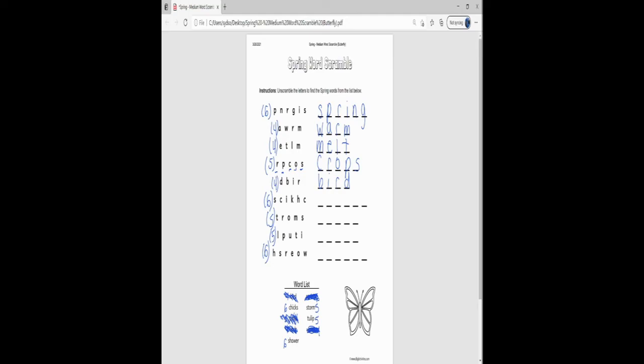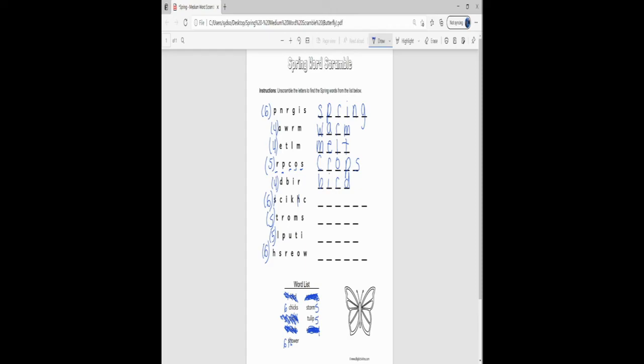The next word has 6 letters in it. It has an S, a C, I, K, H, C. So we have 2 words left that it could be. It could be chicks or it could be shower. Let's try shower first. They both have an S. They both have an H. But do they both have an O?